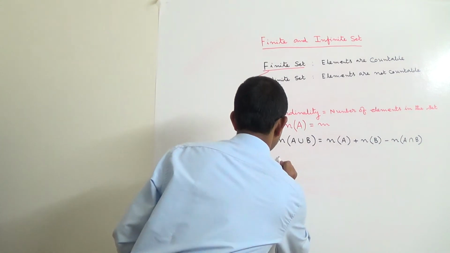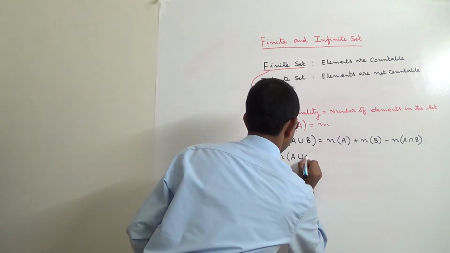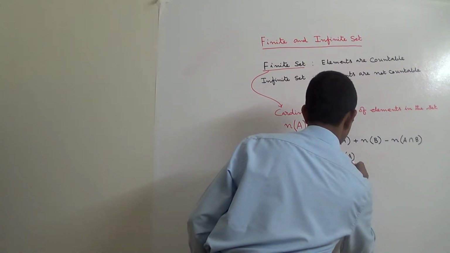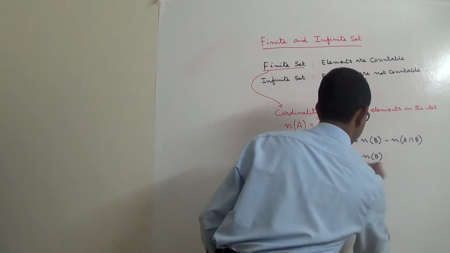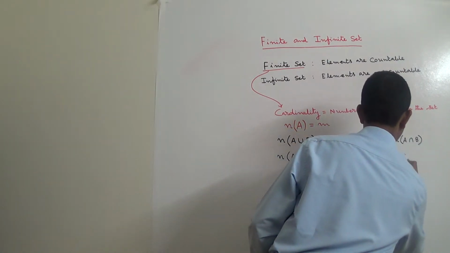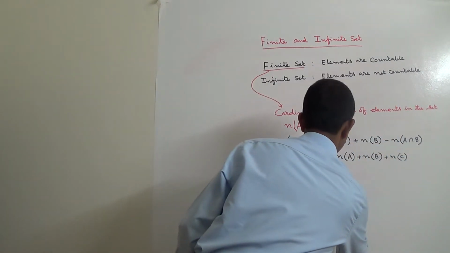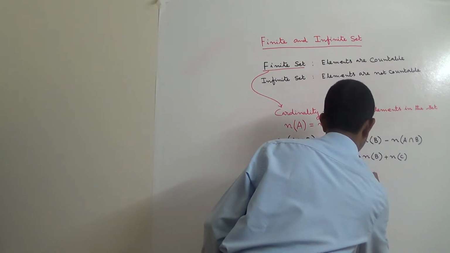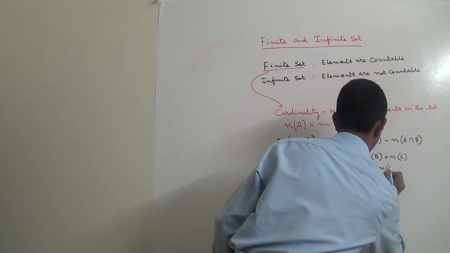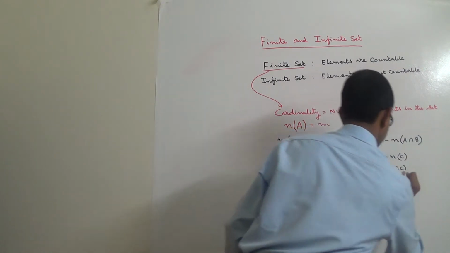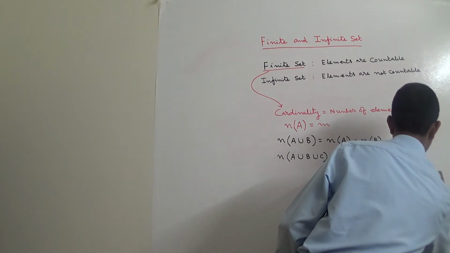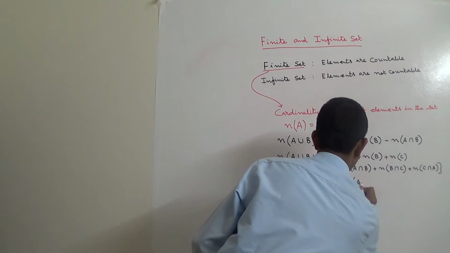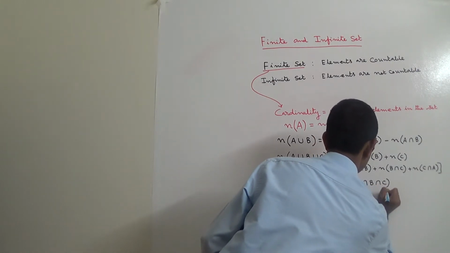In case I have three sets A, B, C, then n of A union B union C is equal to n of A plus n of B plus n of C minus n of A intersection B plus n of B intersection C plus n of C intersection A plus n of A intersection B intersection C.